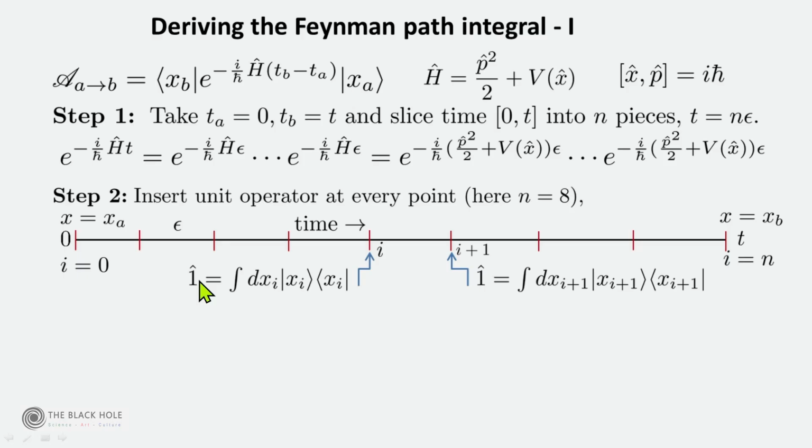Okay, so I'm going to write the unit operator this way, integral dx_i |x_i><x_i|. And here I'm going to write a different unit operator where I'm integrating over the quantities dx_{i+1}.